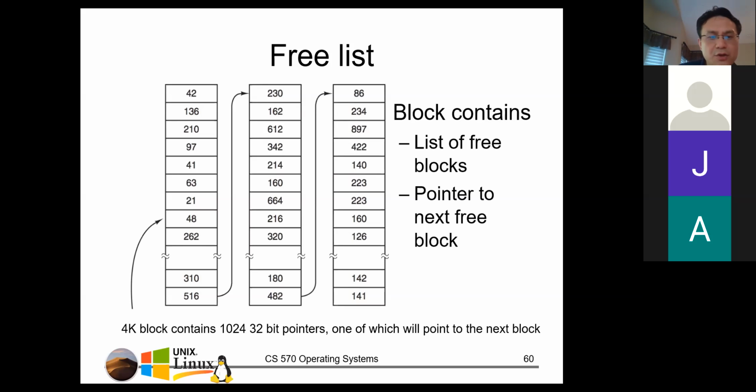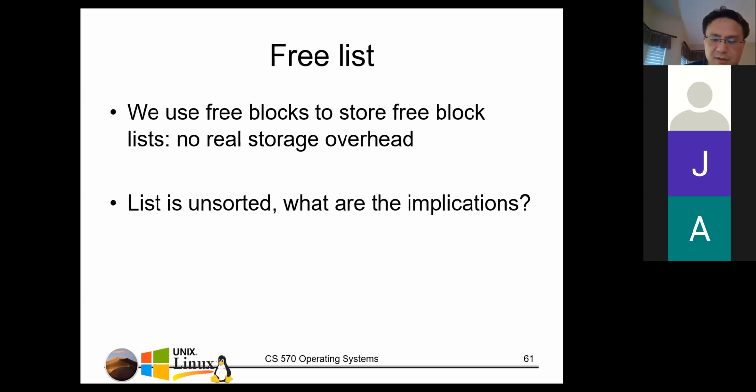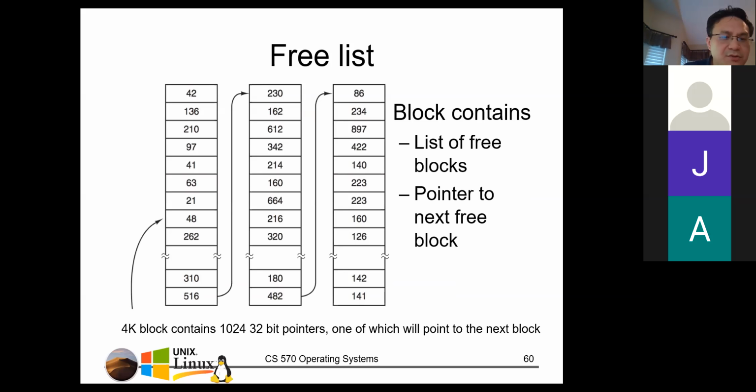As I talked about last class, a lot of systems these days use 4K for the disk block. In early versions of Unix, a lot of versions used 1K disk blocks, but modern Linux systems mostly use 4K for the block size.